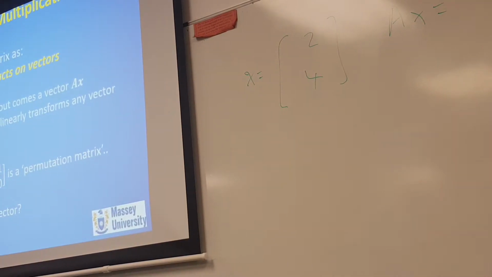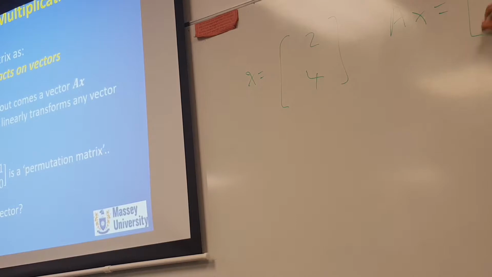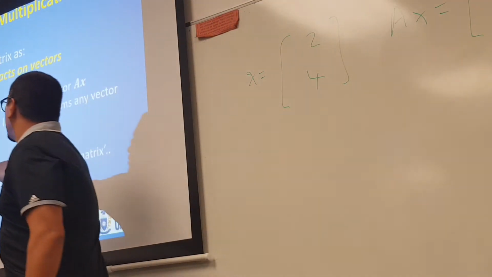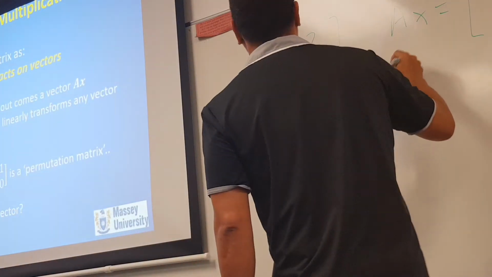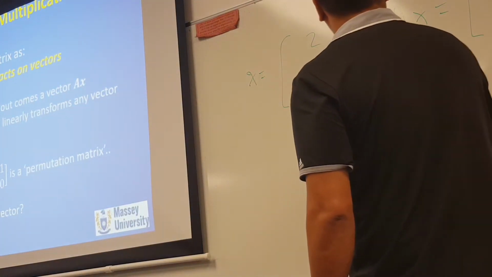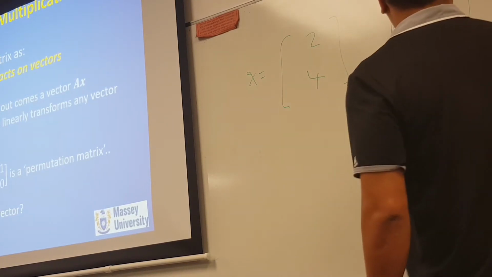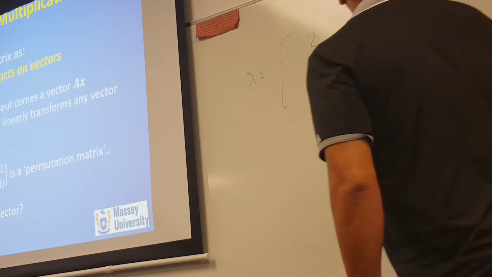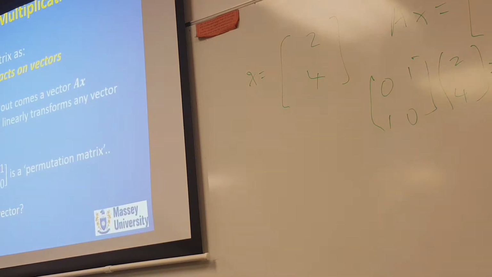What's the top row going to be? 0, 1, 1, 0 times 2, 4, so that's equal to what on the top? 4, and the bottom? 2. Well, I've just swapped things around, essentially. That's why it's permuted the values with one another.